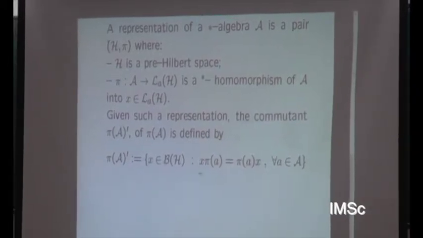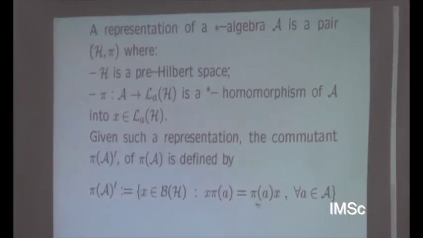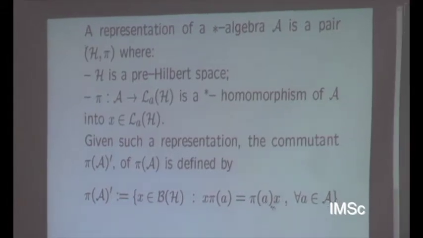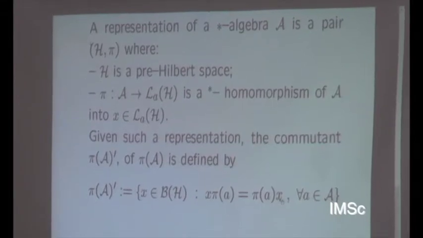Even if the representation itself, the P of A, may be an unbounded operator, because of our condition that the pre-Hilbert space is preserved under the maps in question, we have that this identity is always well defined. The left-hand side is obvious because X is bounded and P of A is defined on the pre-Hilbert space and maps the pre-Hilbert space into itself.